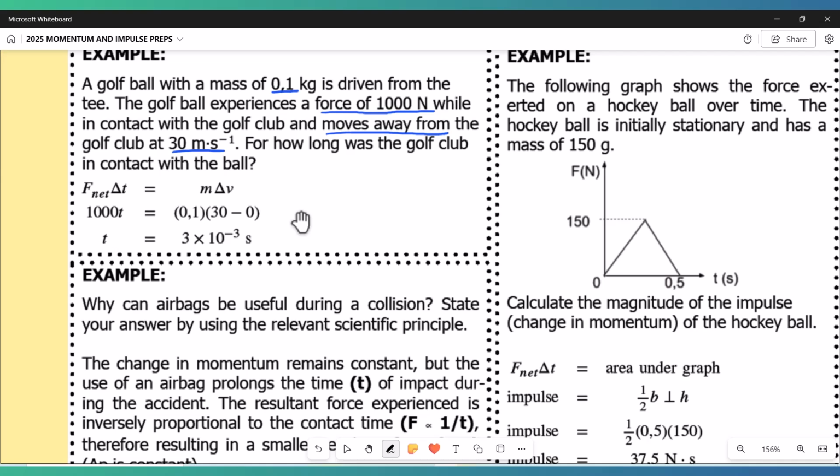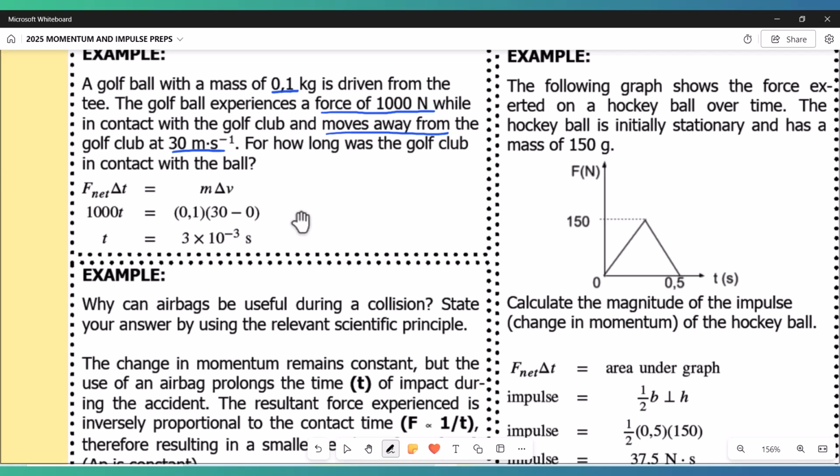If they say for how long, we're looking for the change in time. So we know the force, we know the mass, we know the velocity, and we know the v initial was 0. So here you're going to use F net times change in time equals mass times change in velocity.